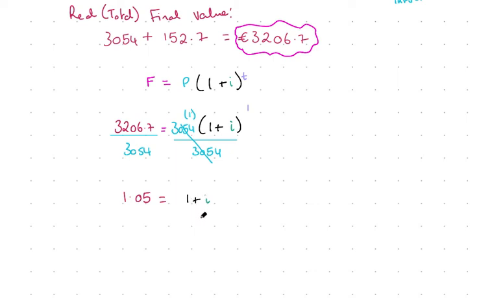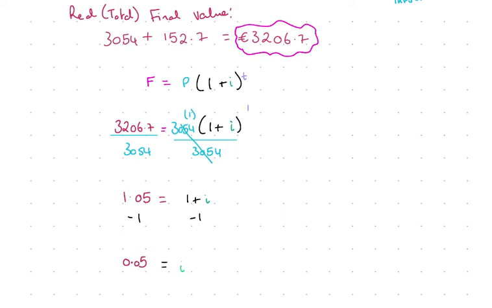And how do I get rid of a plus 1? Well, I'm going to subtract 1 from both sides here. And what I'm going to get is 0.05 is equal to I. Sorry, 0.05, that should say, so we must be careful because that would be a very different interest rate.